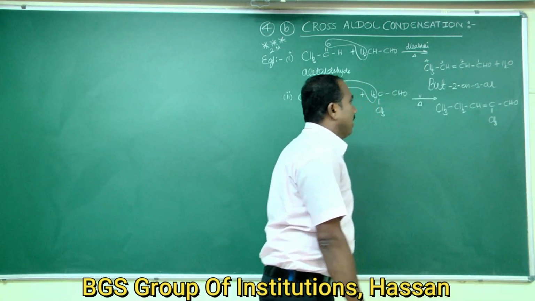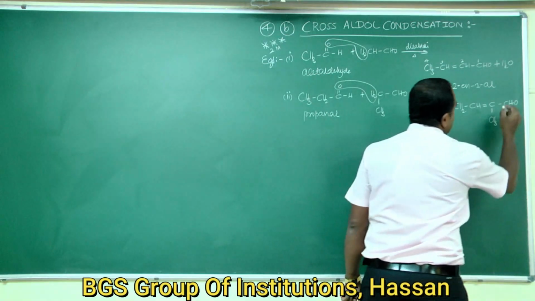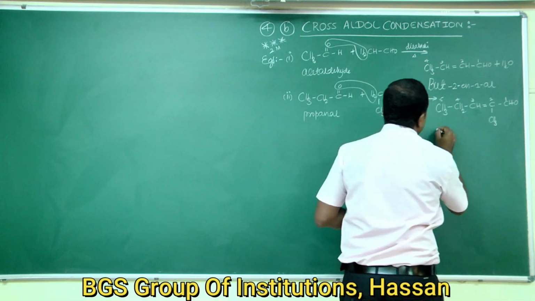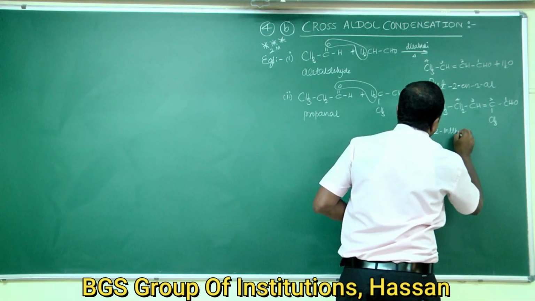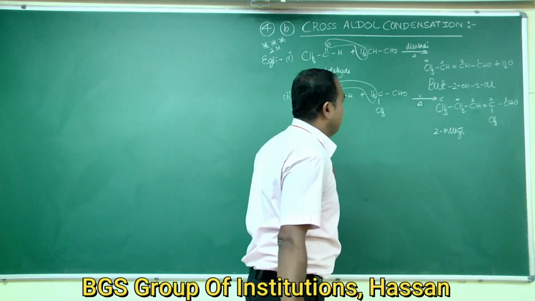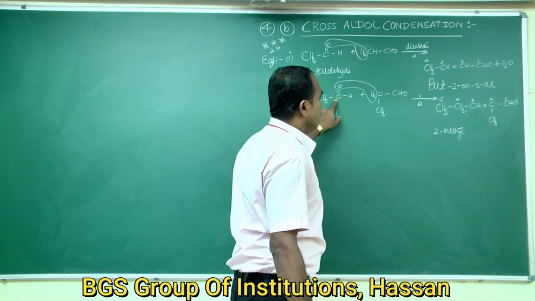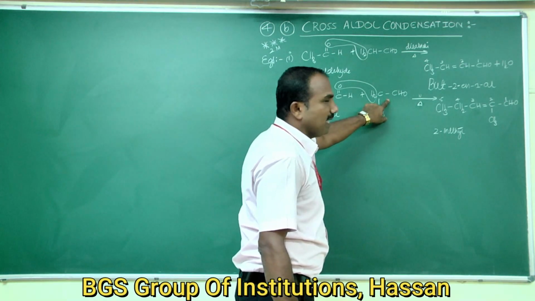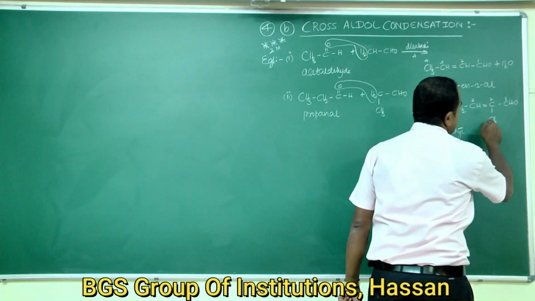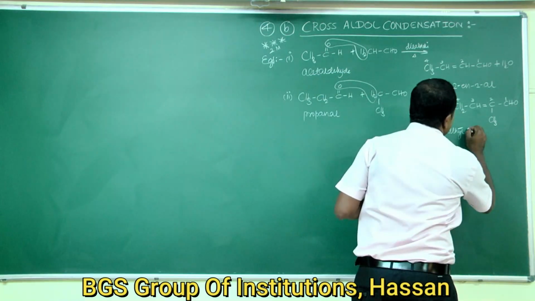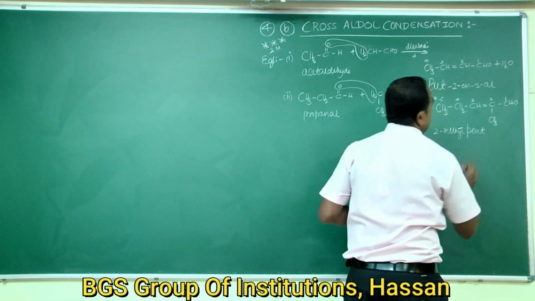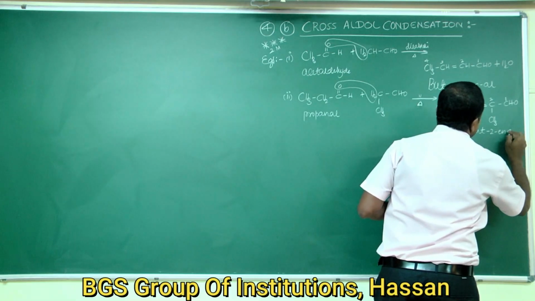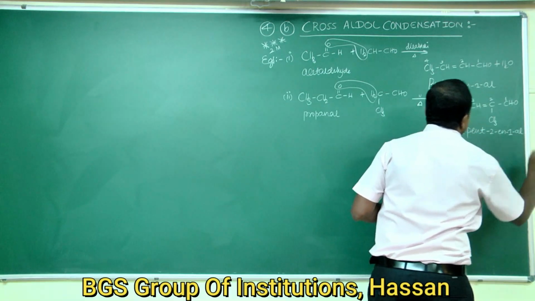The name of this aldol is 2-methyl. At the second position, there is a methyl substituent. 5 carbon atoms, root word is pent, second position double bond, ene, first position aldehyde, al.